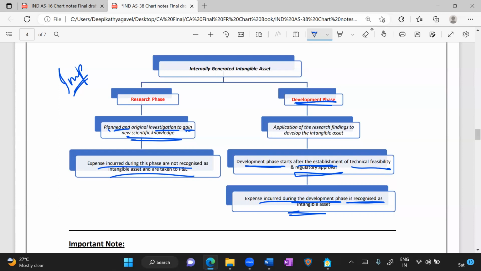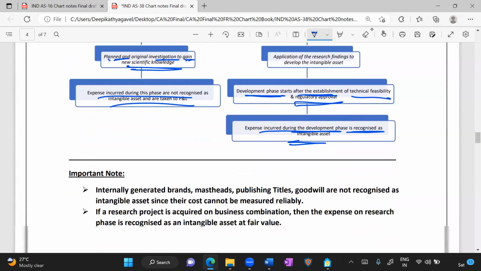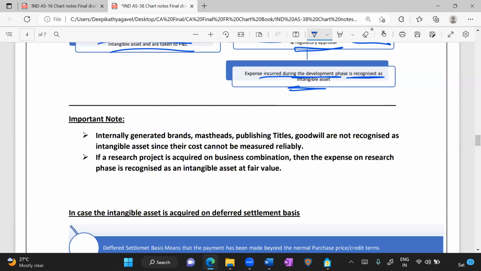But once your research phase is over and you move to the development phase, when will the development phase begin? When technical feasibility is established and regulatory approval has been obtained. And once you reach the development stage, whatever expenses you incur from there onwards will be recognized as intangible assets, right?